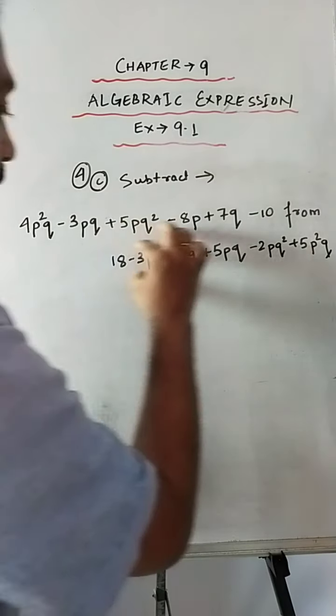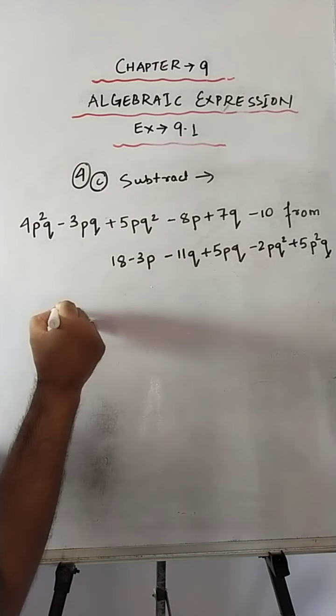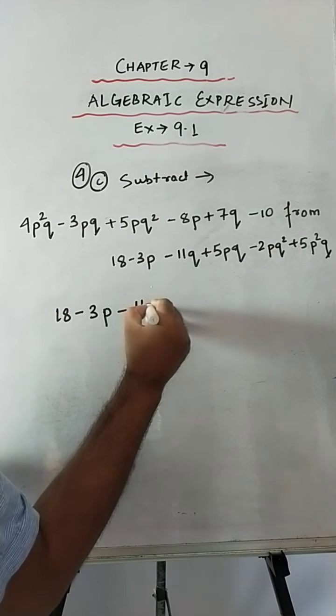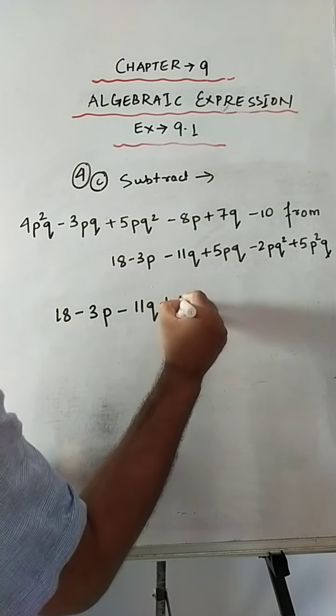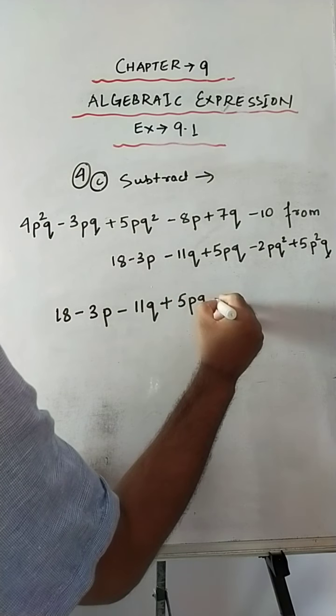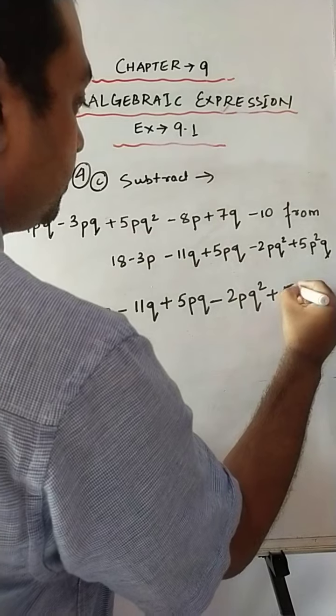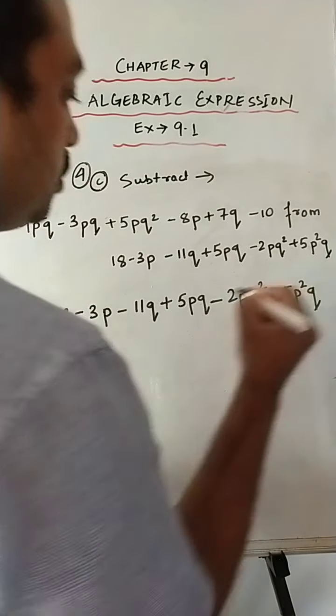Okay, so first of all we'll write this second expression, that is 18 minus 3p minus 11q plus 5pq minus 2p q square plus 5p square q.